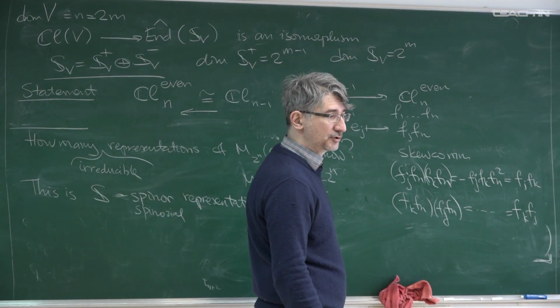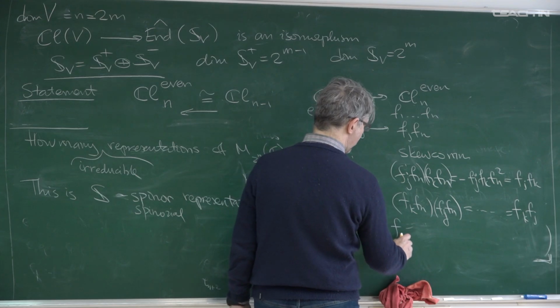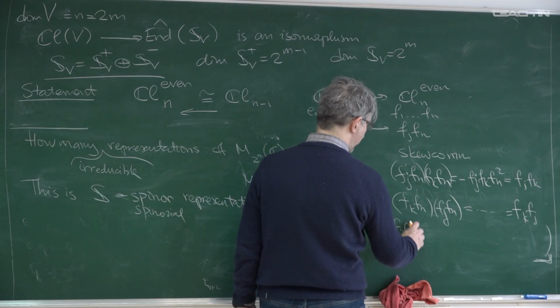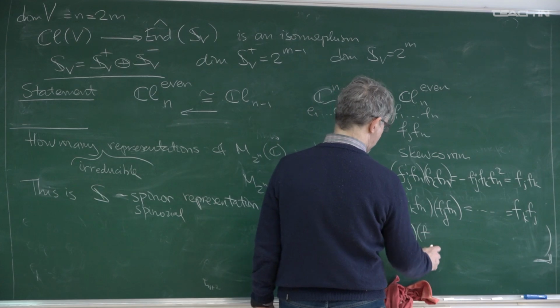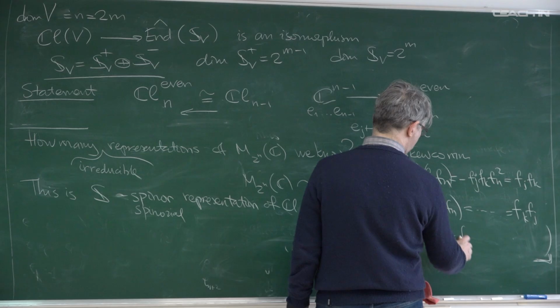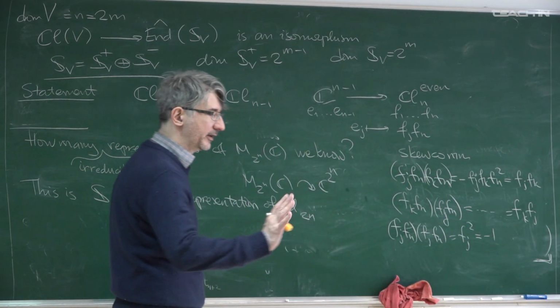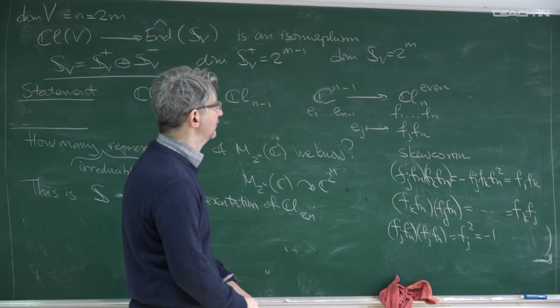I will not try to cheat on you, so I will check it by myself. The square of this element should be equal to minus 1. By the same calculation, we obtain f_j squared, which is minus 1. Okay, so you are right. This one is a good formula.